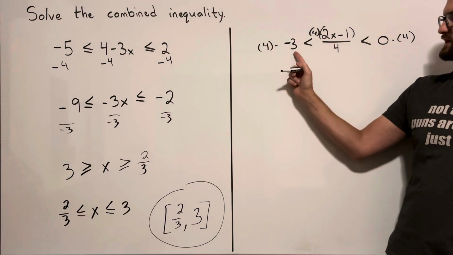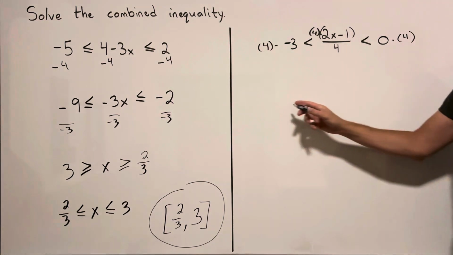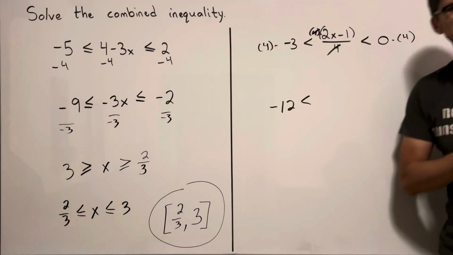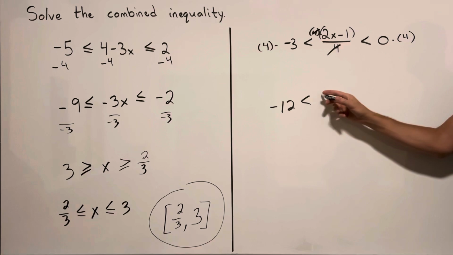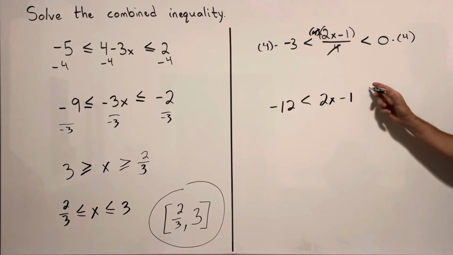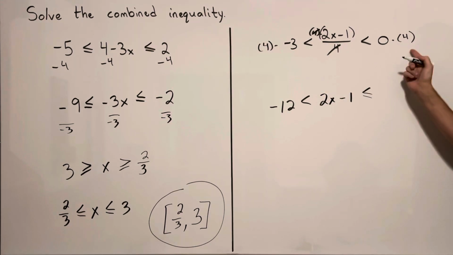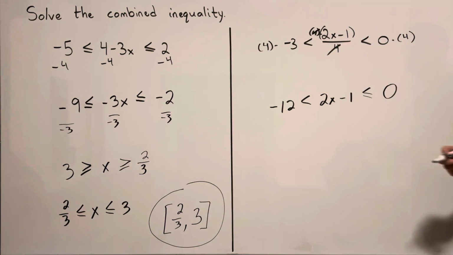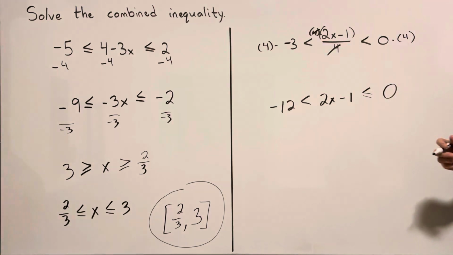On the left, 4 times -3 is going to be -12. Here in the middle, the 4's cancel, you're left with 2x minus 1. And on the right-hand side, 0 times anything is 0, so we're just left with 0 on the right.